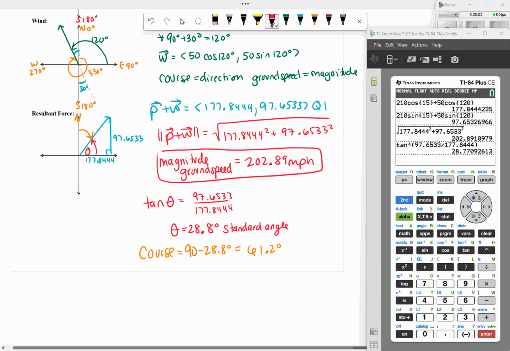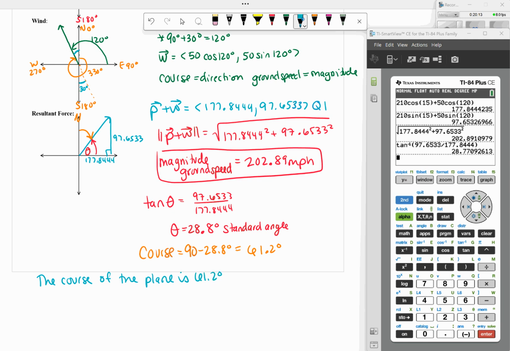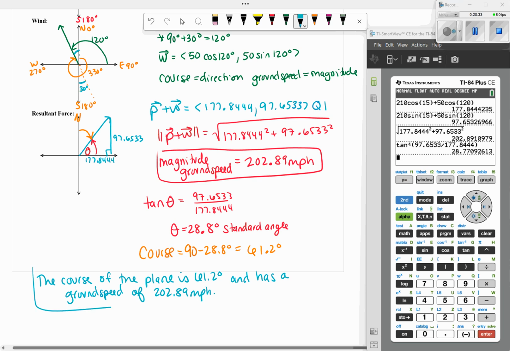So we could write out then that the course of the plane is 61.2 degrees and has a ground speed of 202.89 miles per hour. And that would be it for this problem.